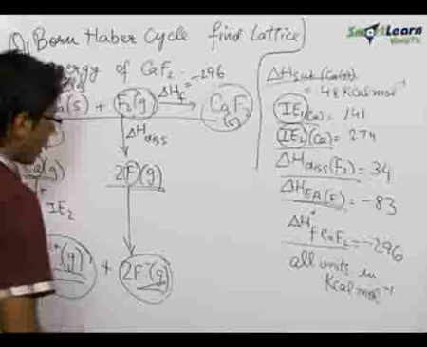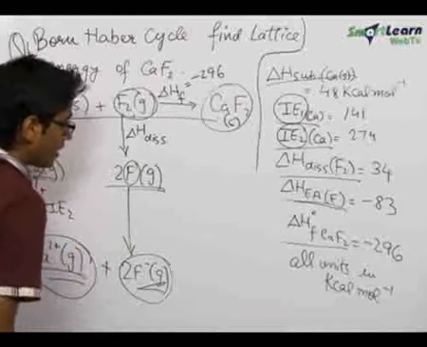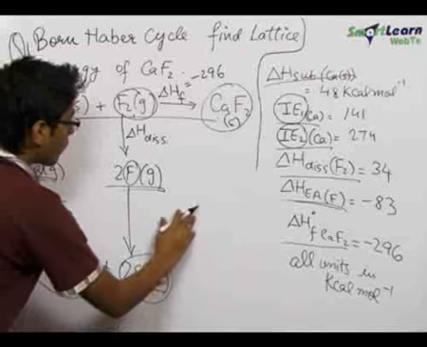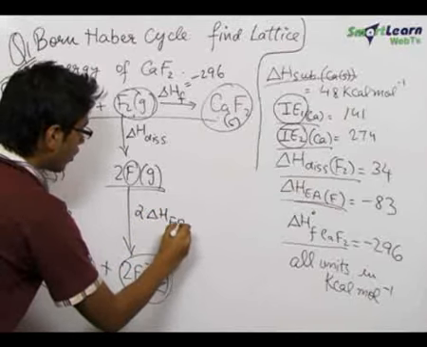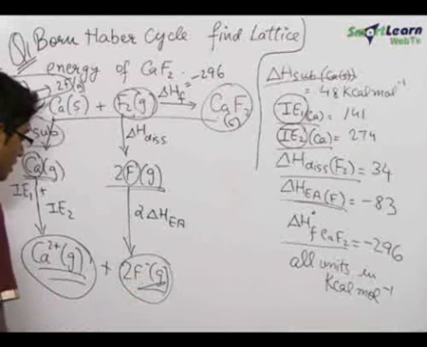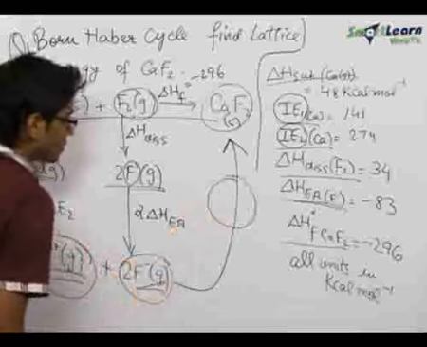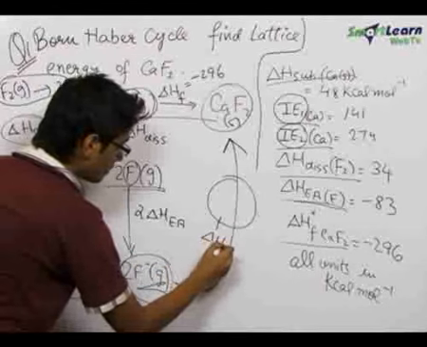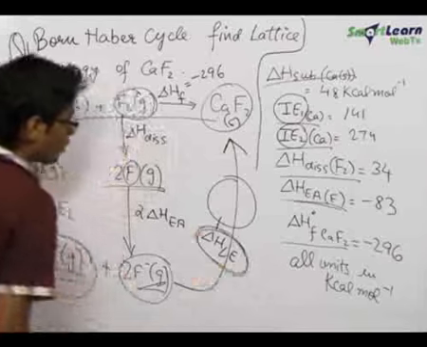Now this step requires, since there are 2 moles of fluorine atoms in gaseous state, 2 times the delta H electron affinity of the fluorine atom. Now this and this when combined gives this, and the heat required in this process is the delta H lattice energy, which we need to find out.